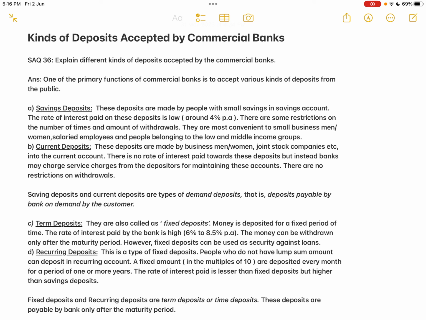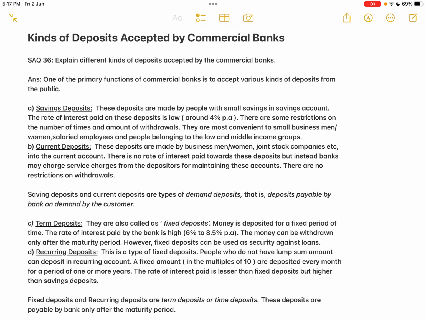They are most convenient for small businessmen or women, salaried employees, and people belonging to the low and middle income groups, because they don't have a huge amount of money. But still they want to gain a certain amount of interest by depositing in the bank. So that's why the savings account is opened in the bank.